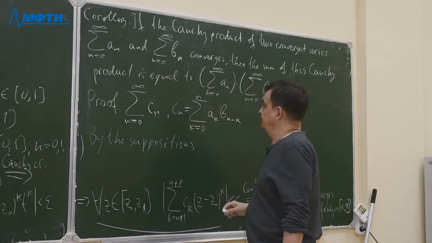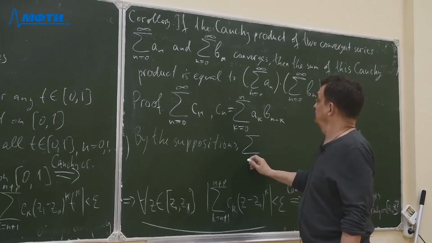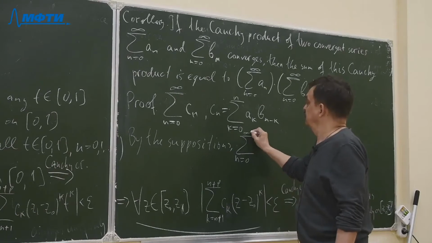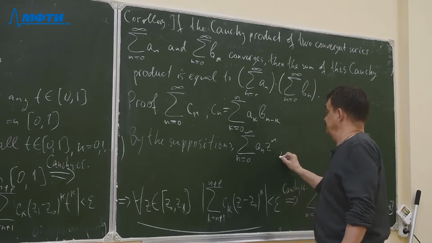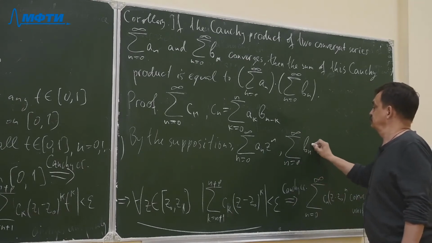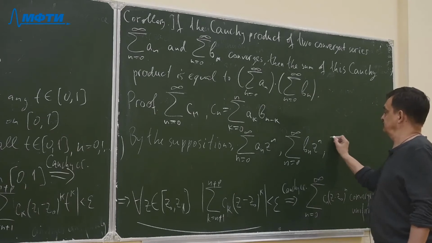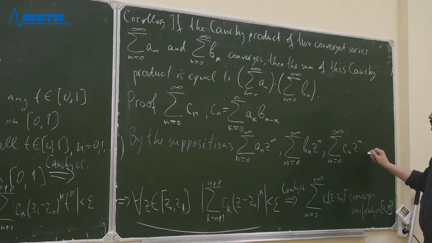We know that those power series converge at z equals 1.